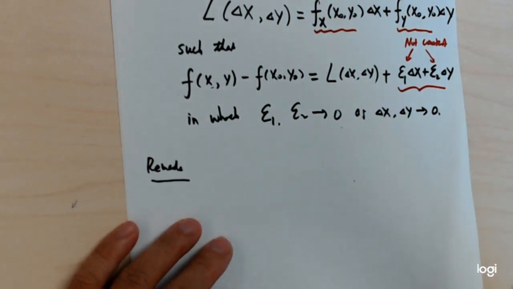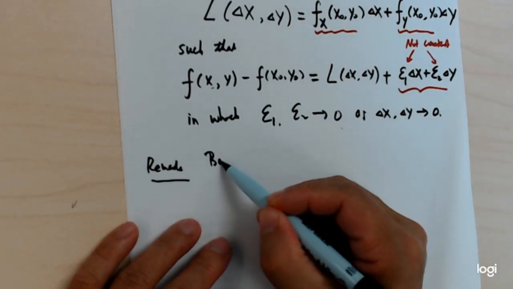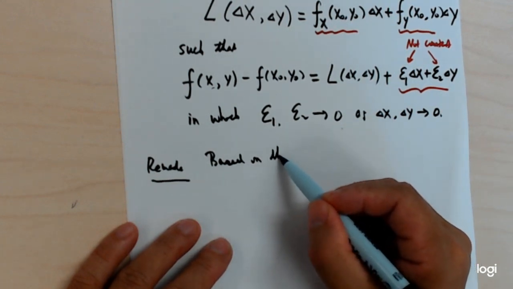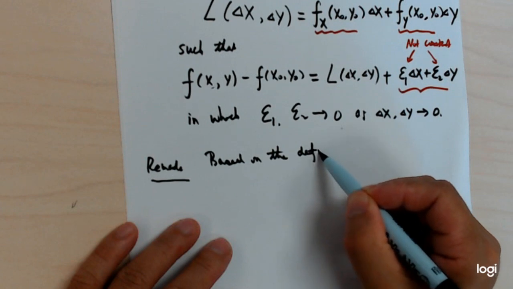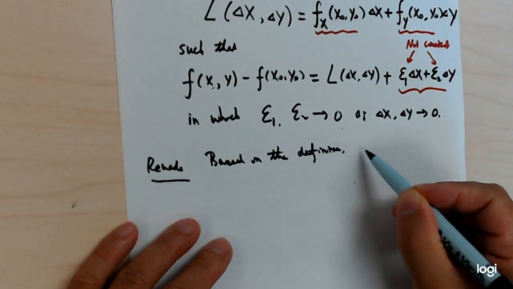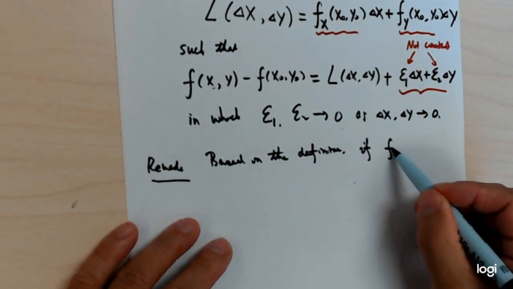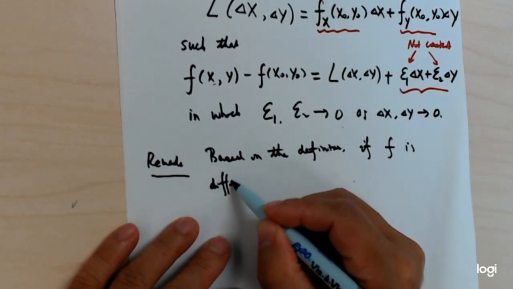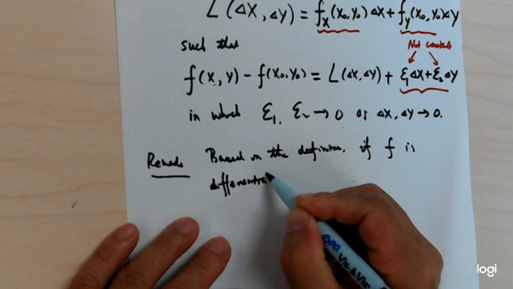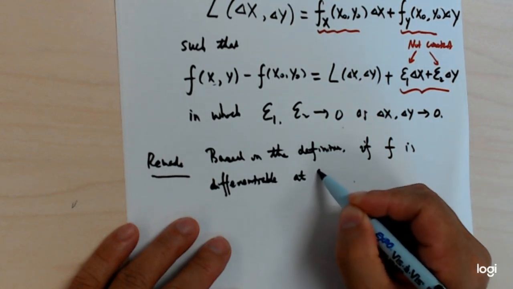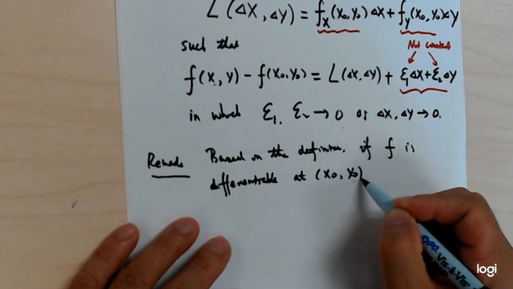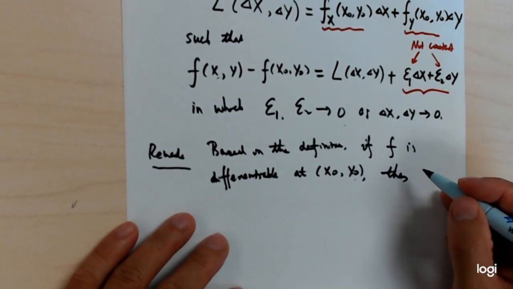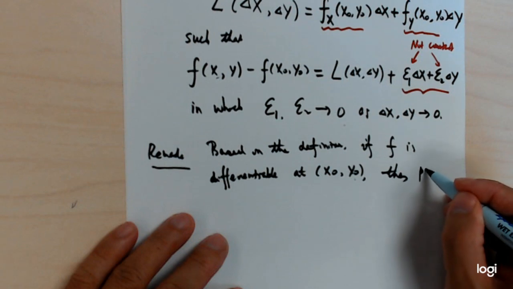Okay, so quick remark. Based on the way that we define differentiability, if a function is differentiable, then the partial derivatives exist at that point.